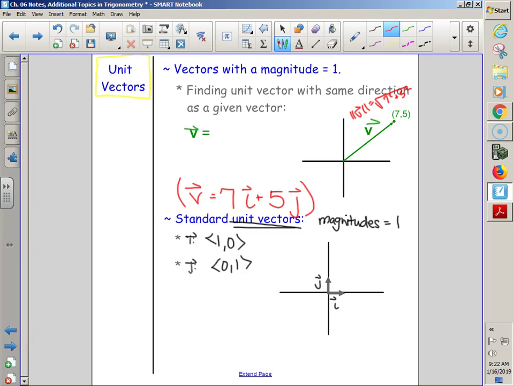Well, what about a length of 1? It's way down there. Well, how do I get here? How do I find a unit vector of V?